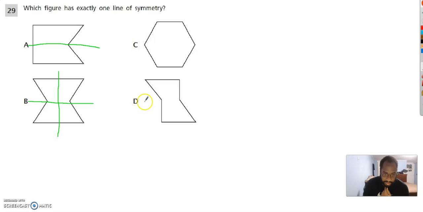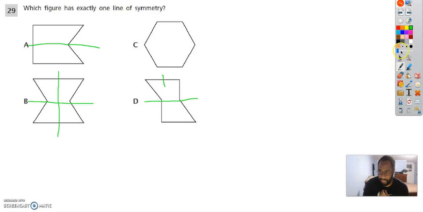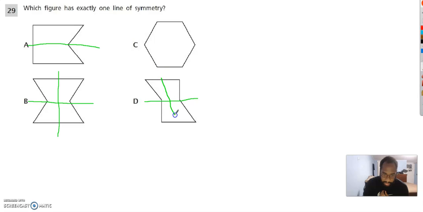D has horizontal, thank you, Surgeon, and also vertical, but the vertical is at an angle. When you draw the vertical, it is at an angle. See? And it'll still be equal on both sides. So 2 lines of symmetry for that.